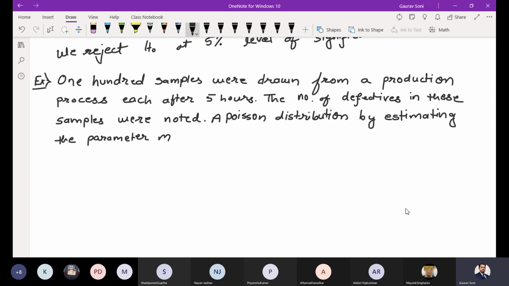Recall that in Poisson distribution the formula is e to the power minus m into m raised to r. Okay, so by estimating the parameter m, a Poisson distribution was fitted to this data.